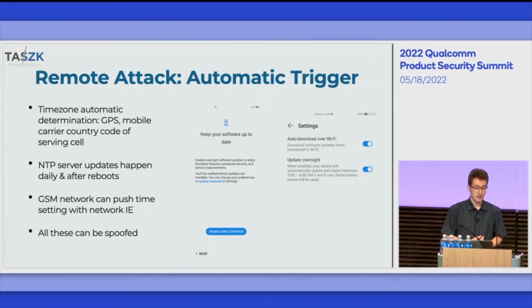And also we can man-in-the-middle the NTP server responses and replace the time there. So based on this, we can actually trigger an update over the air, and from the update we can get code execution in the recovery.